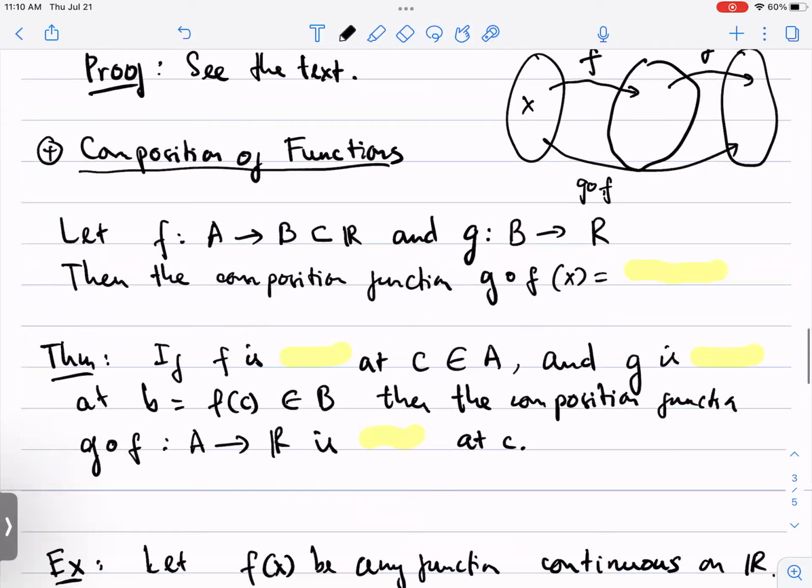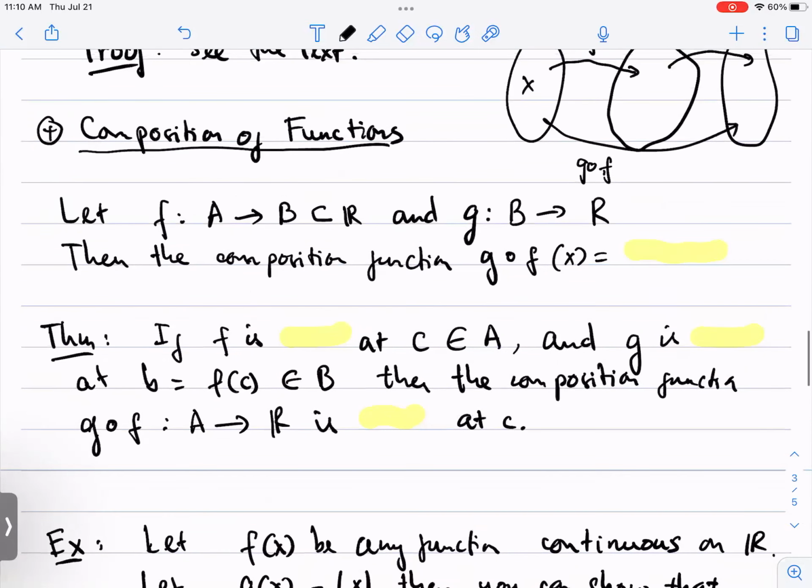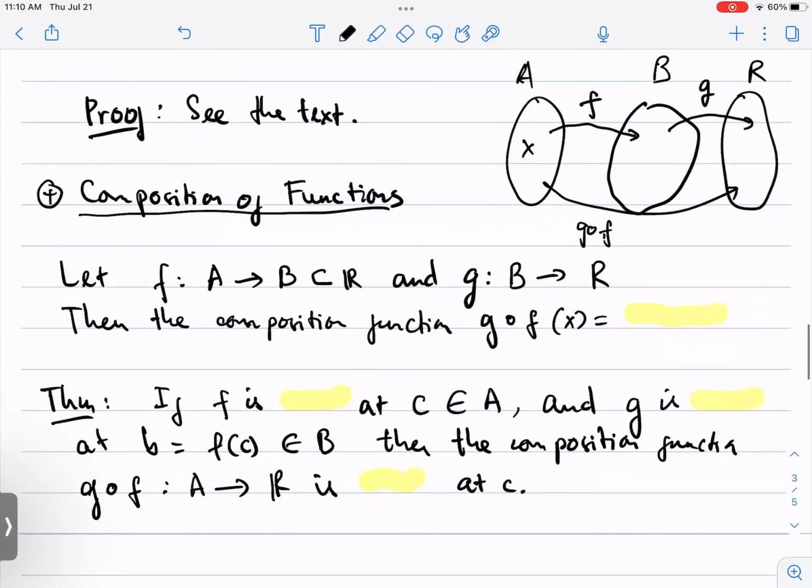Then the composition function g composed with f evaluated at x is given as follows. This is exactly equal to g evaluated at f(x).